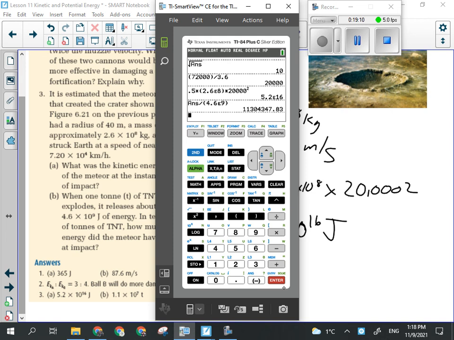To give you perspective, the Hiroshima bomb was 1 kiloton. So the bomb they dropped on Hiroshima was the equivalent of 1,000 tons of TNT. This is 11 million tons of TNT, slightly larger.